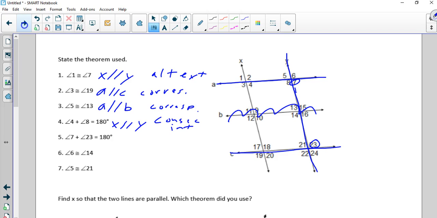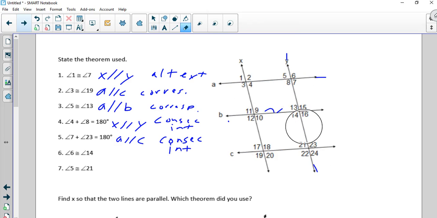So they are proving that A is parallel to C, and that's again consecutive interior justification. One's obtuse, one's acute, they're going to add up to 180.